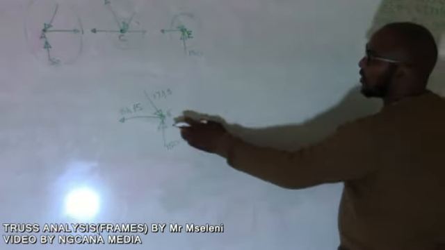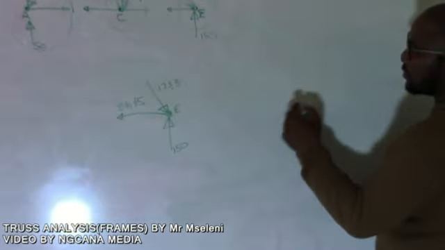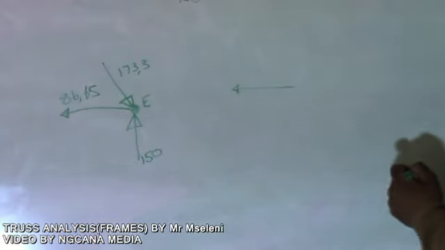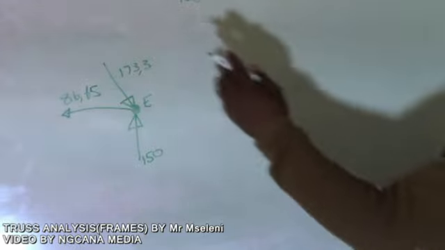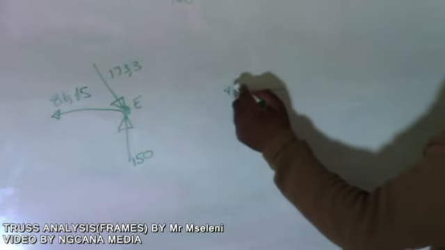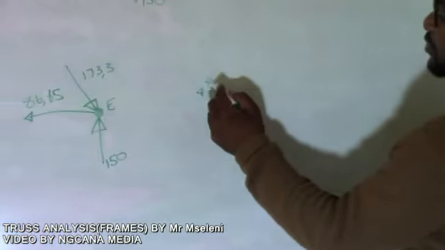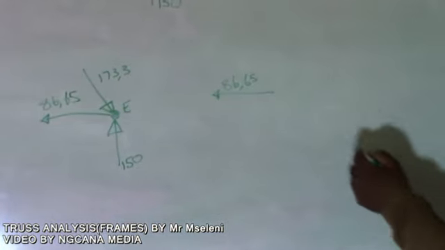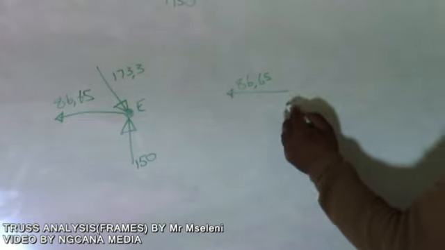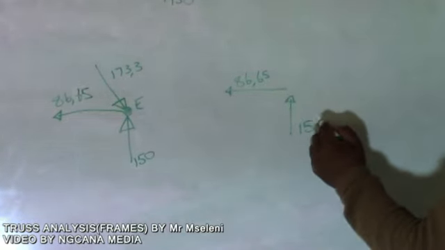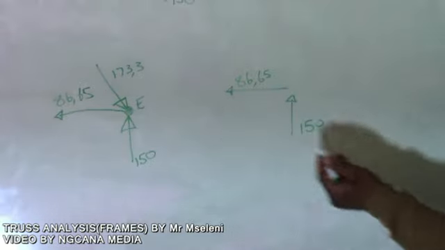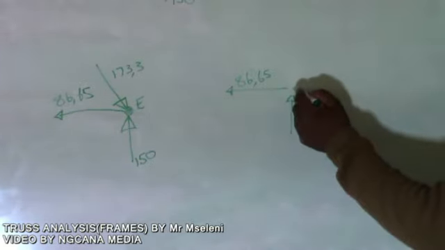So if we check on this joint, joint E, you've got our force 86.5, which is member CE, under tension, as we found. And then we've got our 150 newtons, which we got in the first part of the session, on the reactions.